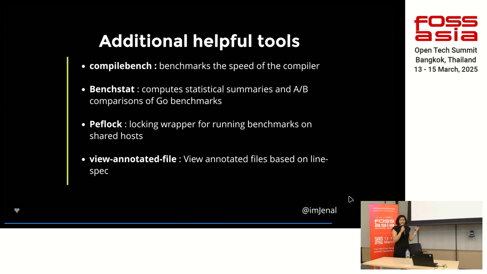A lot of other helpful tools are also there that I've tried using, and one of them is benchmarking. There's compilebench, which benchmarks the compilation phase for compiler speed, and benchstat. You can go through these tools, which would be helpful if you want to deep dive into the Go compiler.